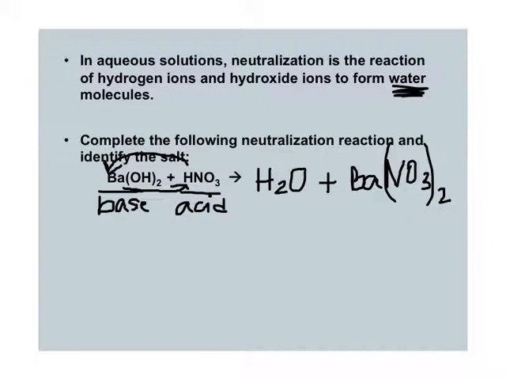Then we have to go back and balance the actual equation. Well, I have 2 nitrates on the right, so I've got to have 2 on the left. And that gives me 2 hydrogens, 4 hydrogens total on the left, because I have 2 here and 2 here. So I've got to put a 2 there, and that balances my oxygen. So we're good with just those 2's.